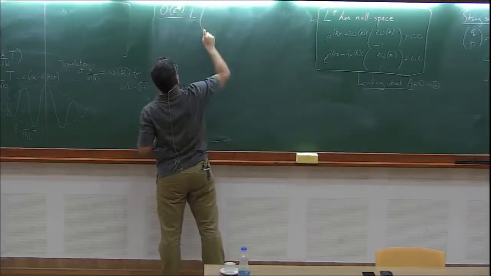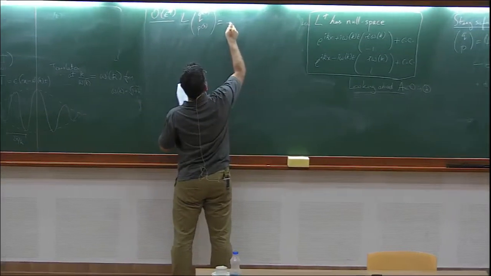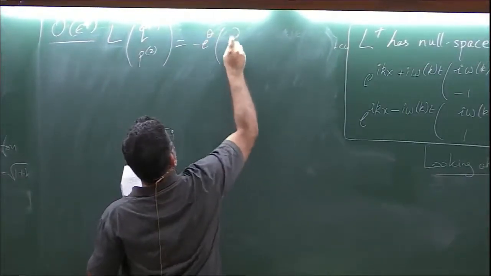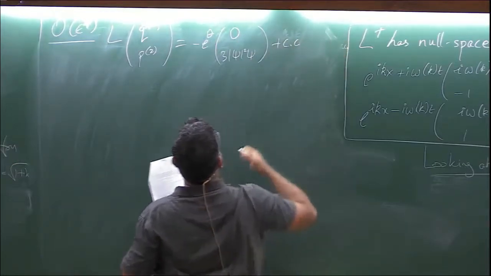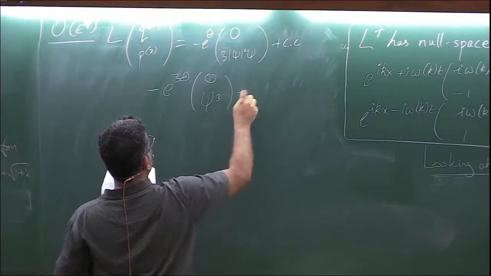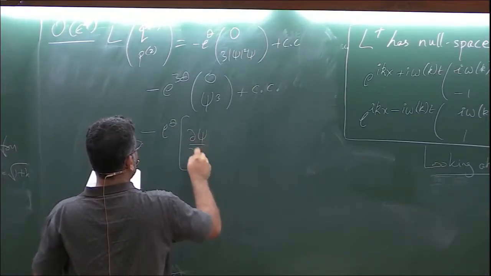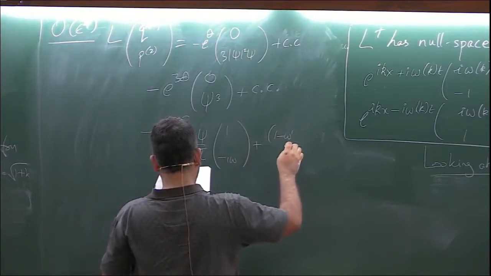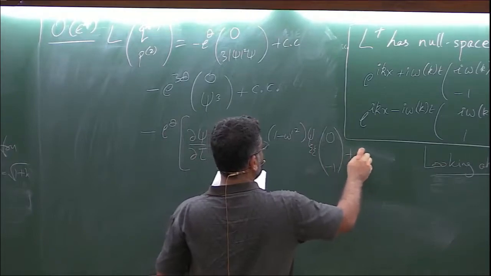The order epsilon squared equation is going to turn out to look like minus e to the, let me just call this theta, because I'm getting lazy, (0, 3) psi squared psi-bar, which is coming from the nonlinearity, plus complex conjugate, minus e to the 3 theta, (0, 1) psi cubed, plus complex conjugate, minus e to the theta, d psi d tau, (1, minus i omega), plus (1 minus omega prime squared) psi xi xi, (0, minus 1), plus complex conjugate.